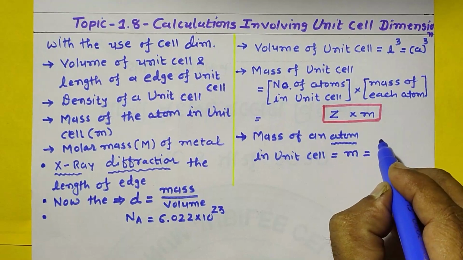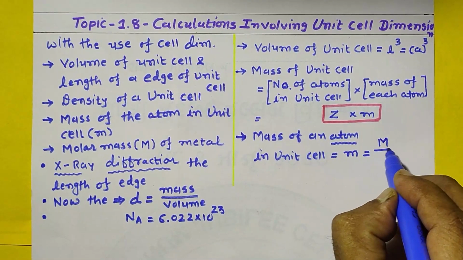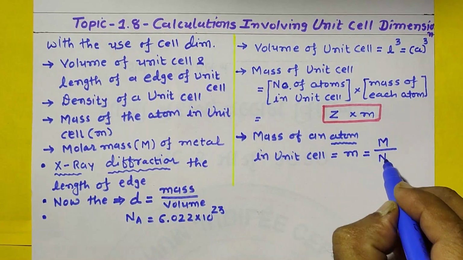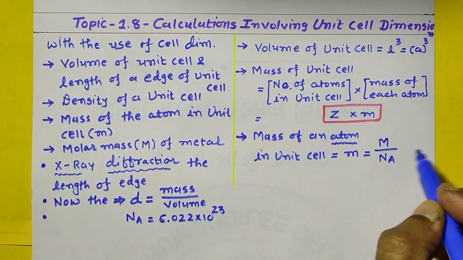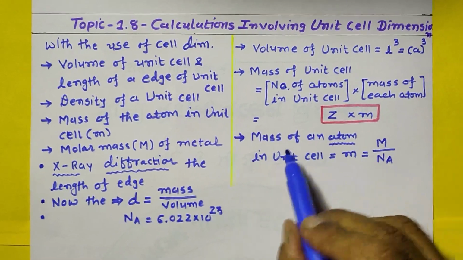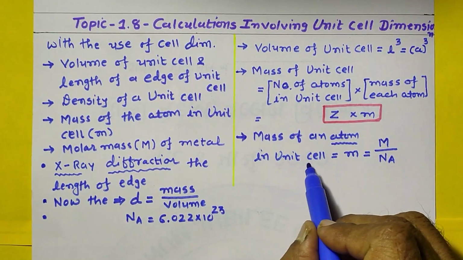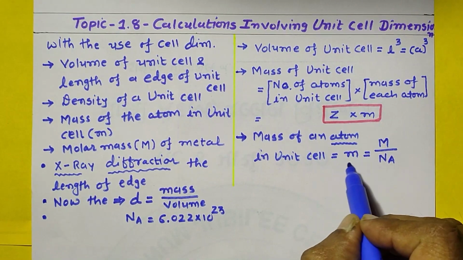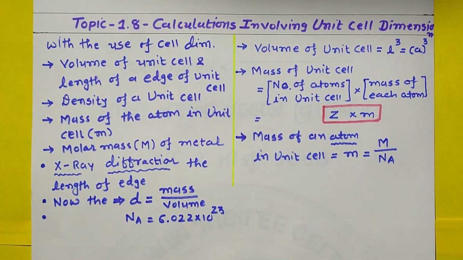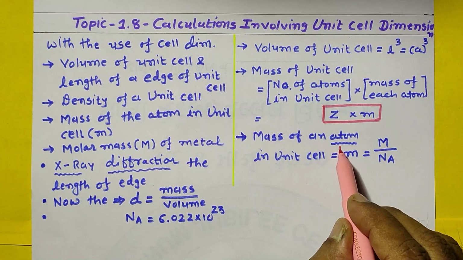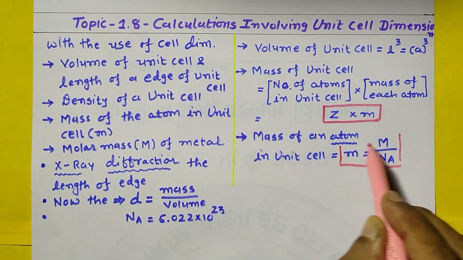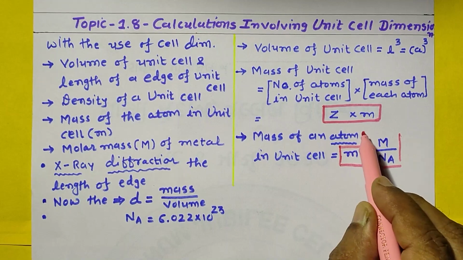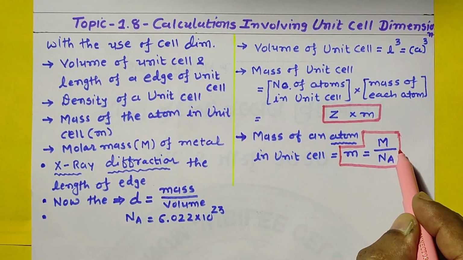Small m is equal to molar mass of the solid substance divided by Avogadro number, which is our prior knowledge. We have learned it already in 11th in the first chapter. Small m is equal to capital M upon NA, which is also a very important area for the calculation of numericals. So this is our second formula.